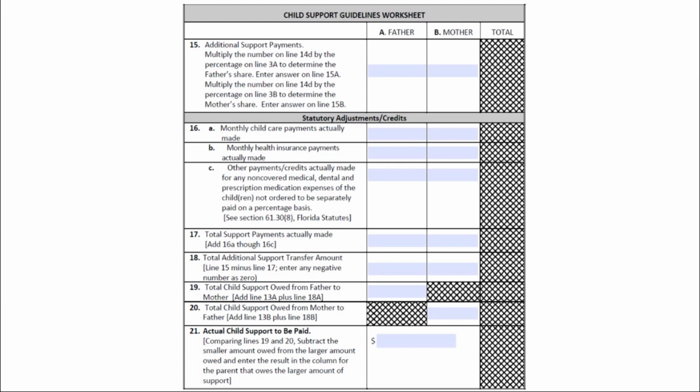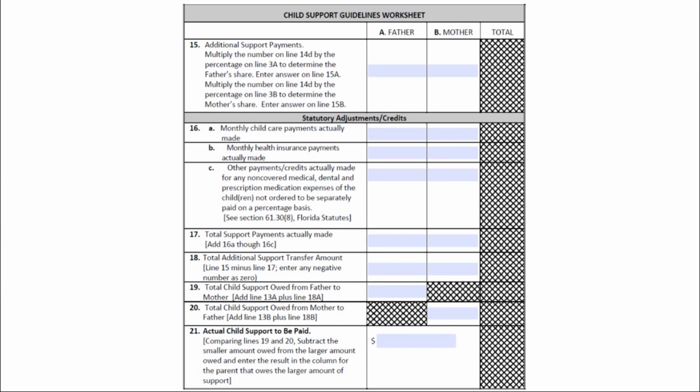In order to calculate this, you take the number listed in 15A and subtract the number listed in 17A and put that number for the father in 18A. Enter any negative number as a 0.